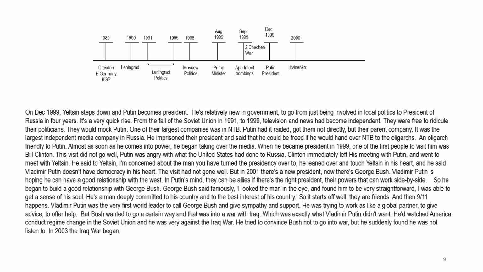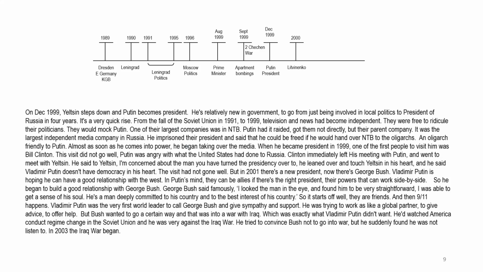But in 2001, there's a new president. Now there's George Bush. Vladimir Putin is hoping he can have a good relationship with the West. In Putin's mind, they can be allies. If there's the right president, there are powers that can work side by side. So he began to build a good relationship with George Bush.